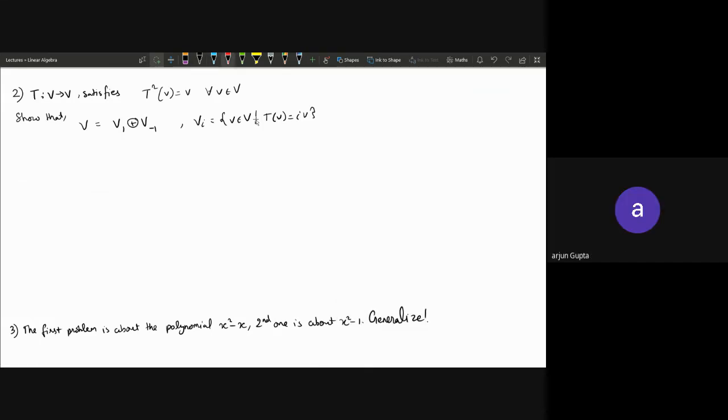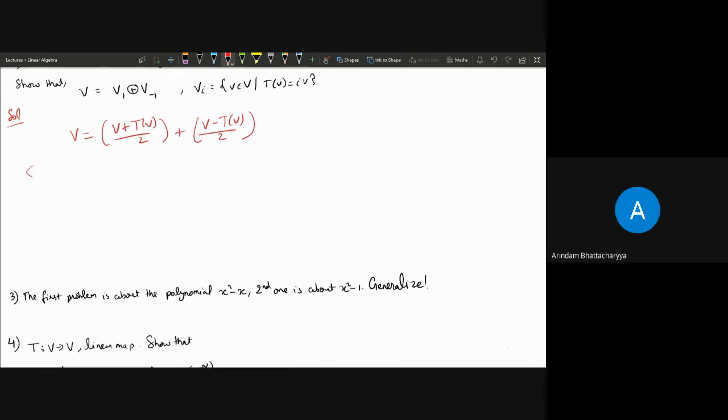Yeah, so this is also similar. You can write v as (v plus f of v) by 2 plus (v minus f of v) by 2.